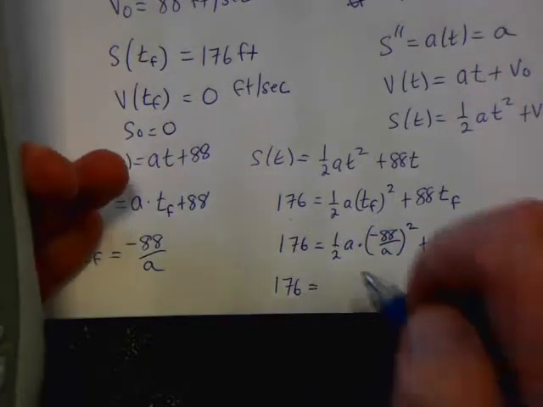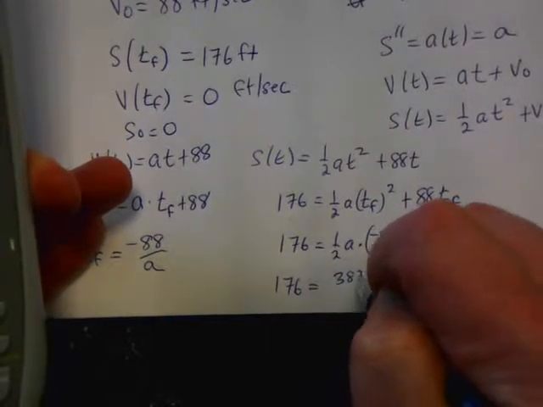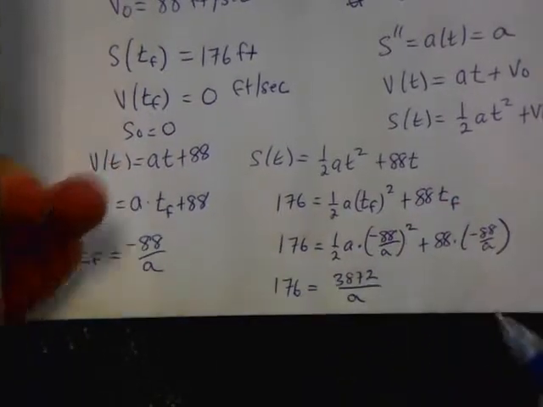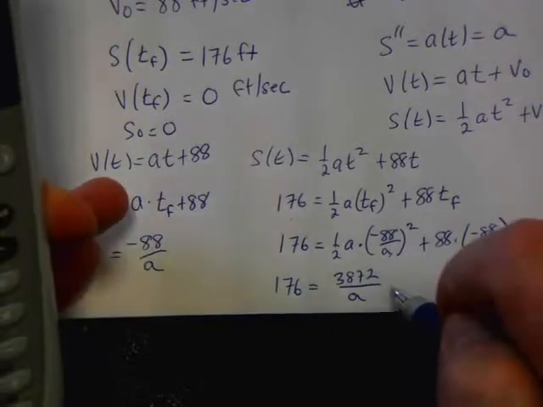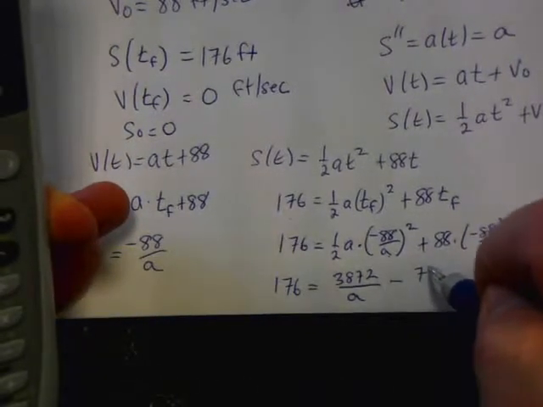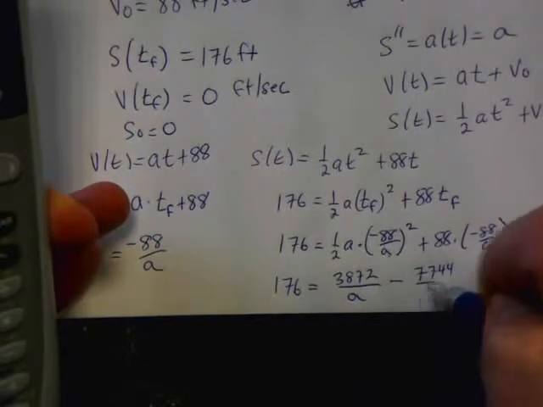That's 3872 over a, because I'd have an a squared on the bottom and an a on top. And then that's minus 7744 over a.